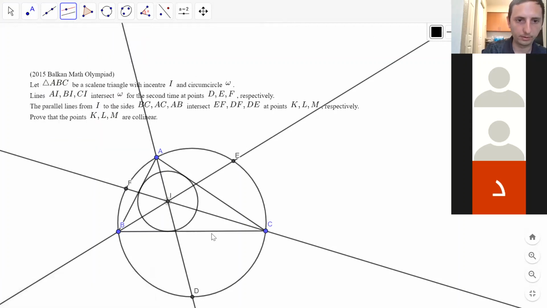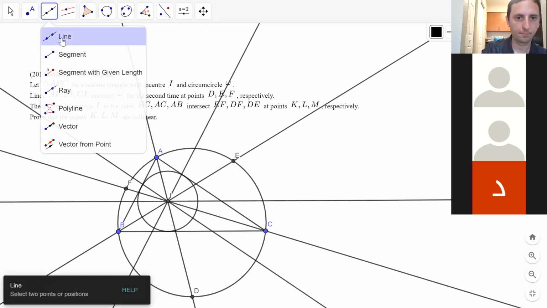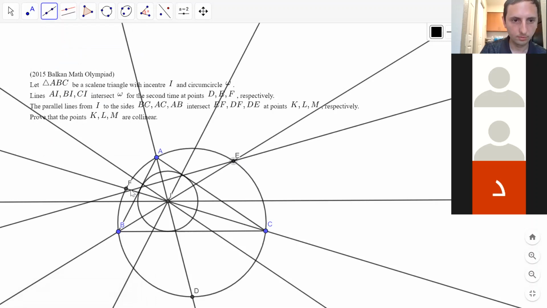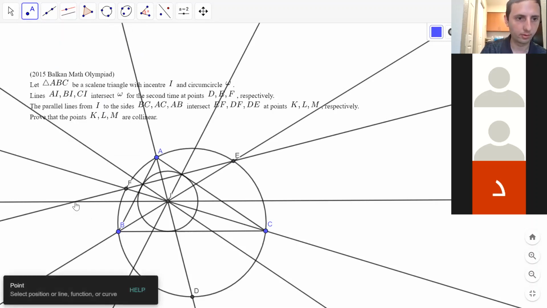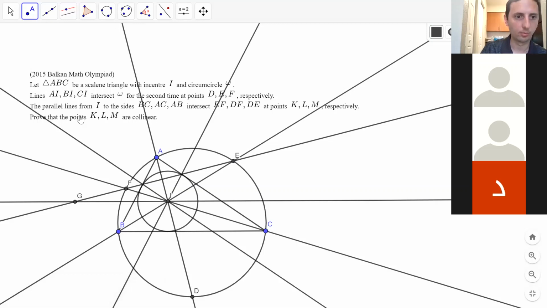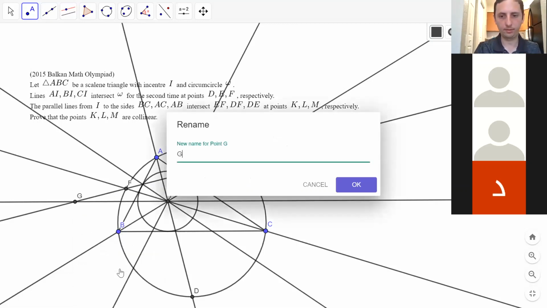So, and we see where it meets DE, EF, and DF. So they're K, L, and M. So this is K.